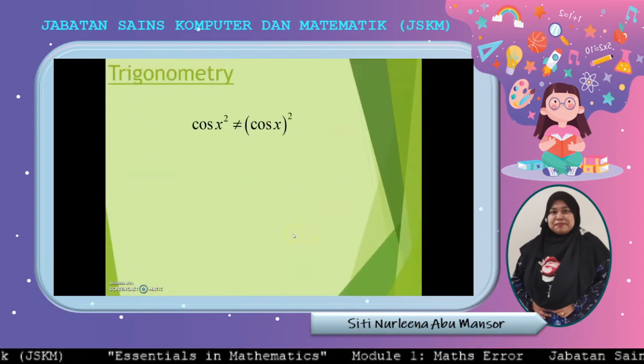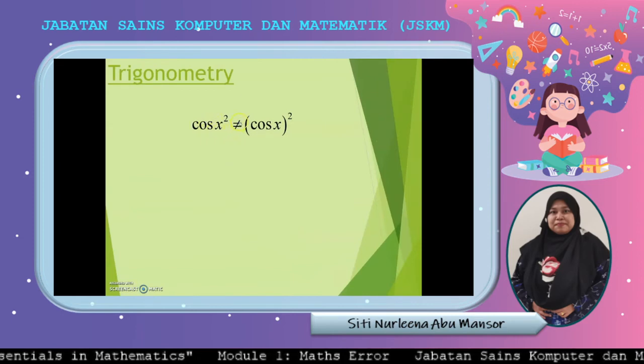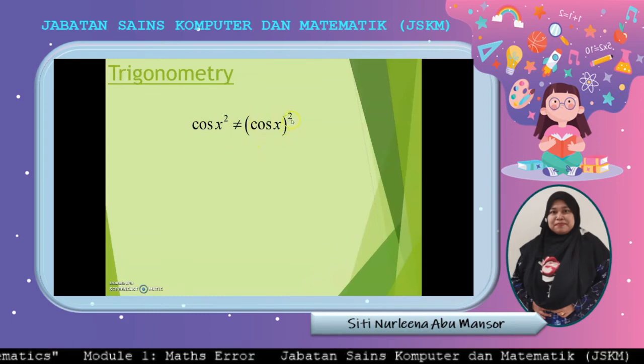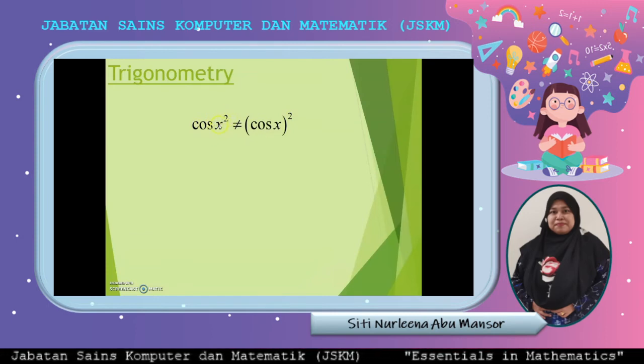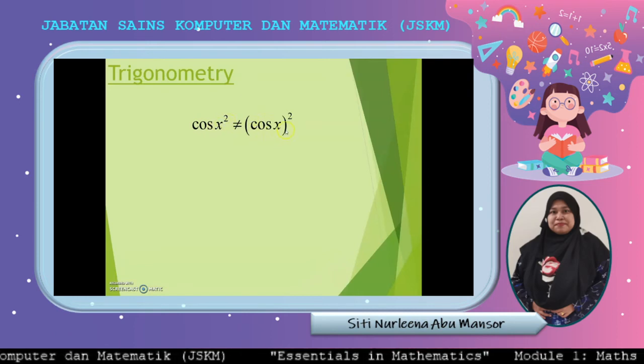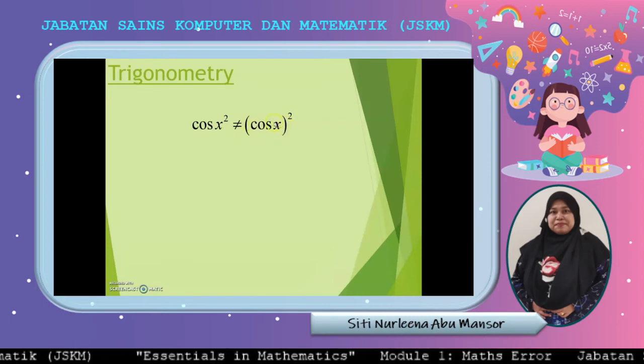Next, we have cos x squared. So cos x squared is not equal to cos x in brackets squared. We can see here that cos has an angle that is being squared. This one, on the other hand, is the whole cos x being squared.